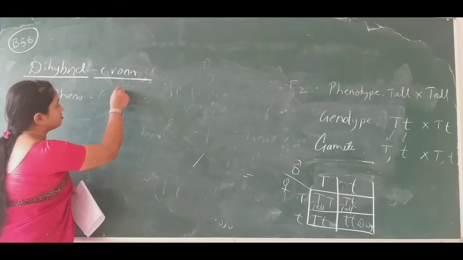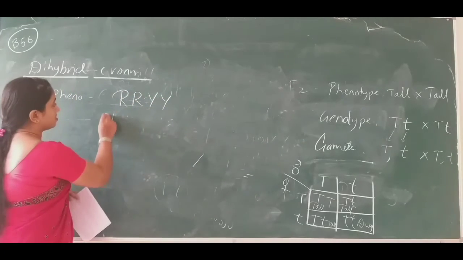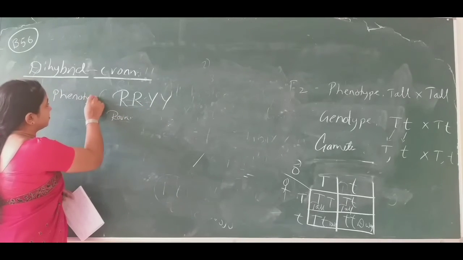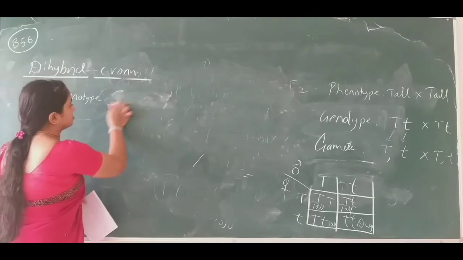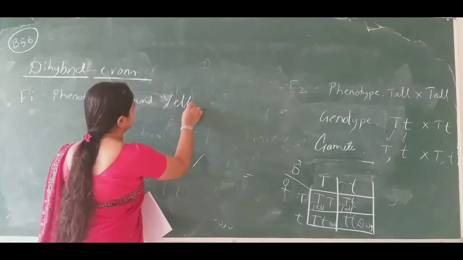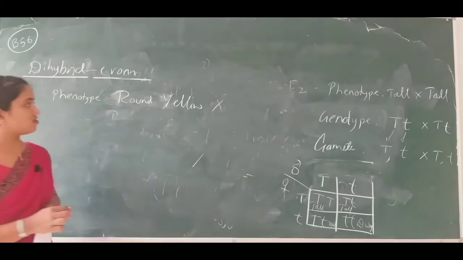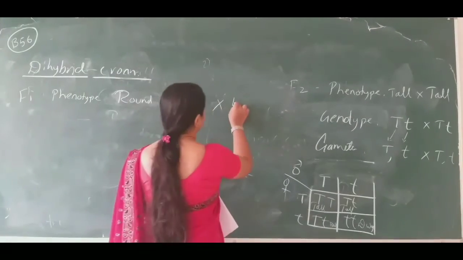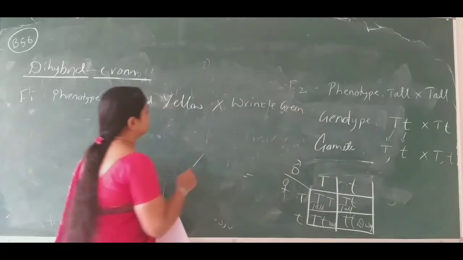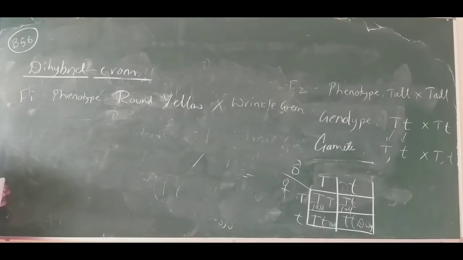Here I am going to take round and yellow seeds. The contrasting alternate pair is wrinkled green. So that is the dominant and recessive parent.